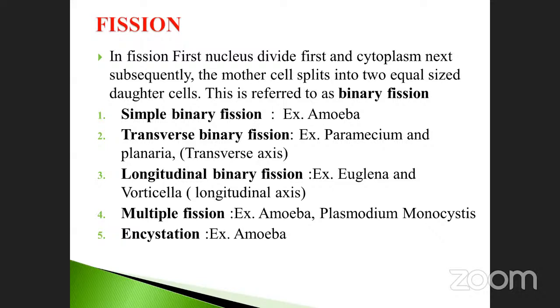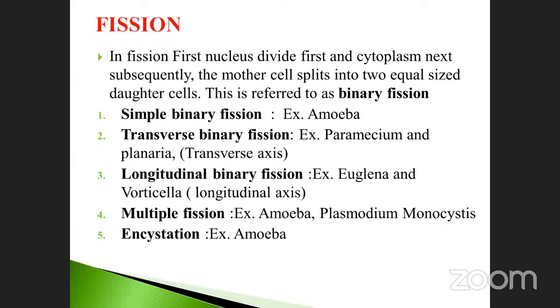Simple binary fission, example amoeba. Transverse binary fission, paramecium and planaria, because the fission takes place on the transverse axis. Longitudinal binary fission, example Euglena and Vorticella. It is also along the longitudinal axis.